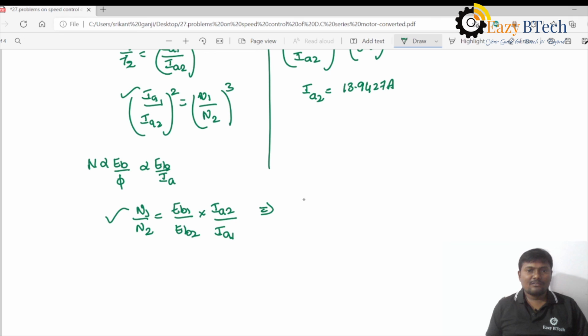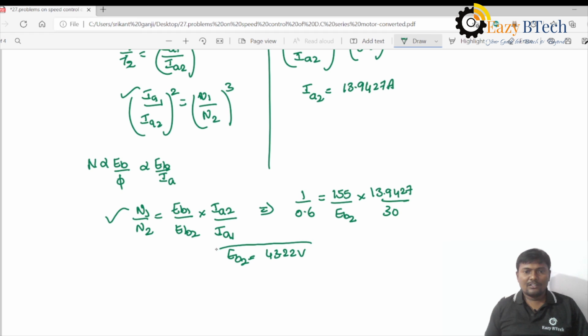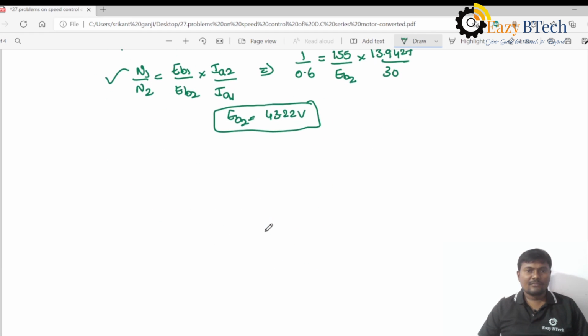So N1 by N2 is 1 by 0.6, the Eb1 value is 155, Eb2 we have to calculate, and this is 13.9427 divided by Ia1, which is 30. Then finally I got Eb2 as 43.22 volts.